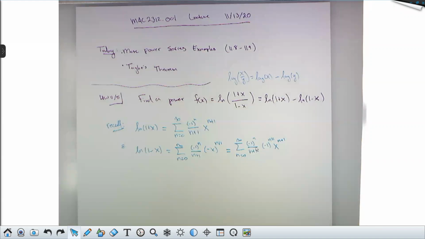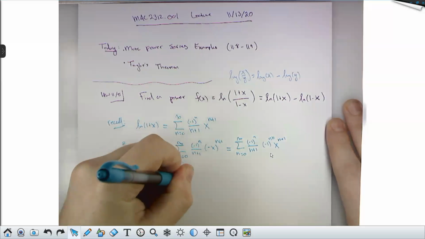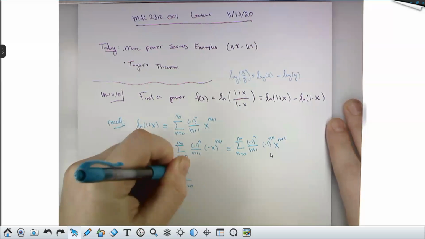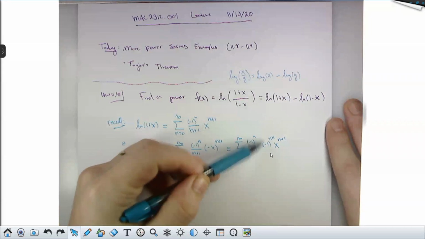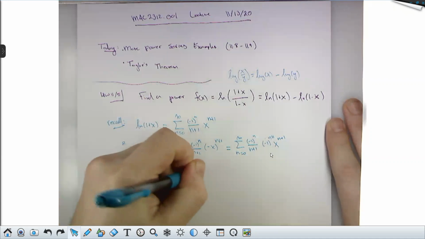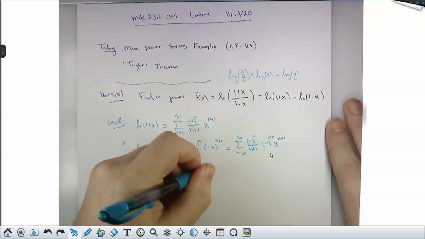And now this term and this term can talk to each other. They're being multiplied and they have the same base. So we can add the powers. Negative 1 to the n times negative 1 to the n plus 1 is negative 1 to the n plus n plus 1, which is 2n plus 1.